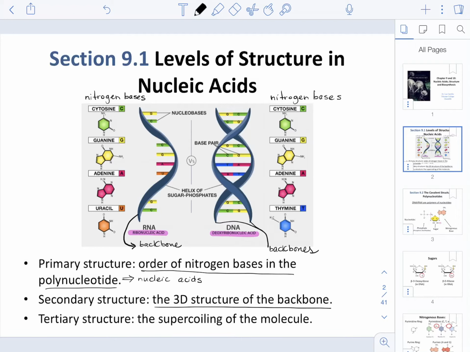The tertiary structural level for the structure of nucleic acids is the supercoiling of the molecule. Specifically, when we discuss this topic later in this lecture videos is going to be how supercoiling has to do with how DNA is packed in prokaryotes and eukaryotes.